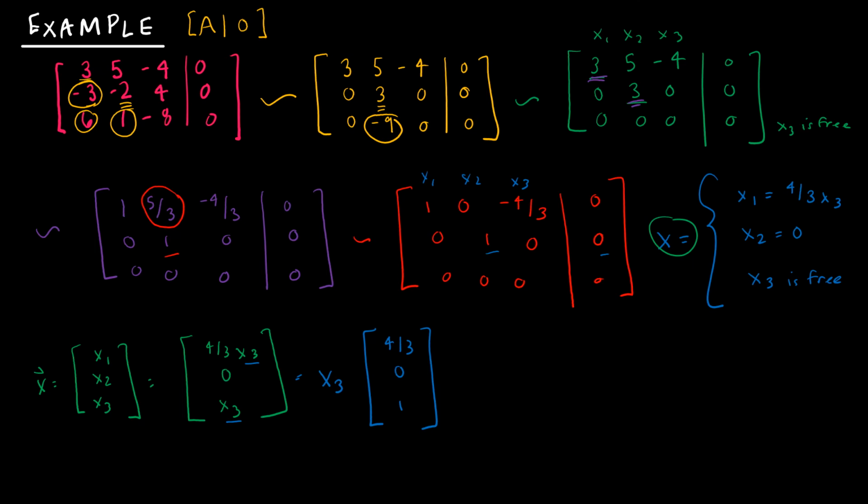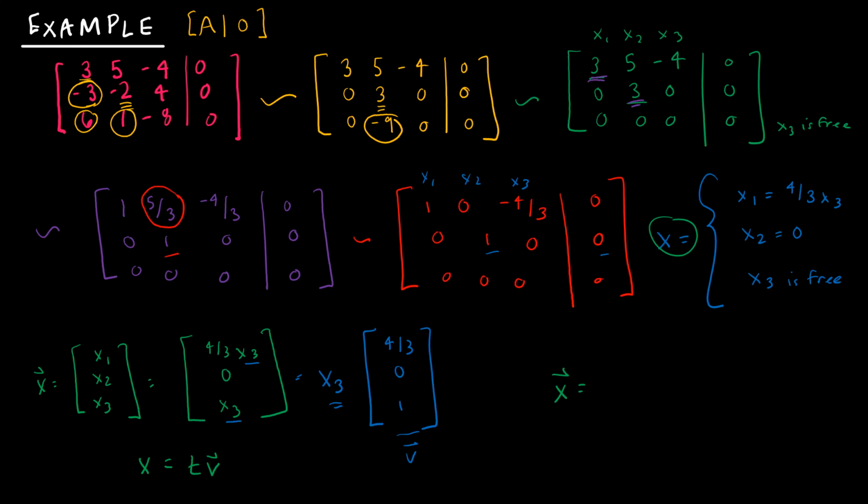So what I have is that my solution is now some constant x3, which I don't know what x3 is, but some constant x3 times vector v. So this brings us to parametric vector form, and parametric vector equation essentially says that I can write x as some constant times some vector.